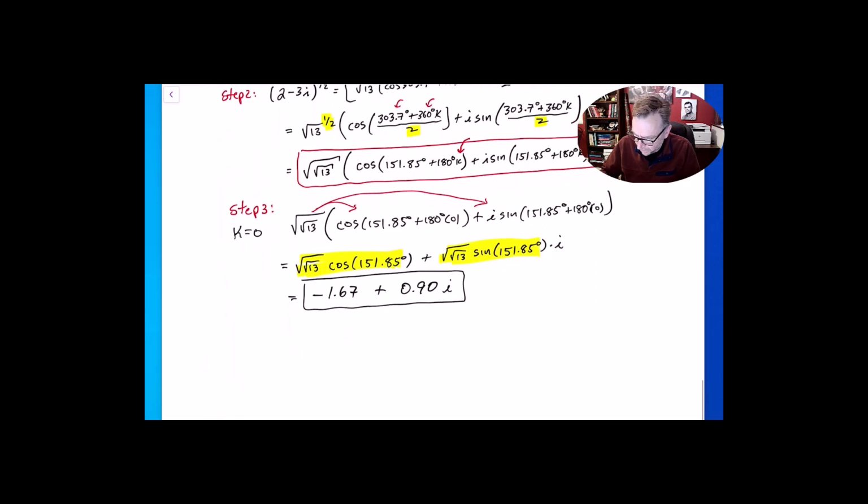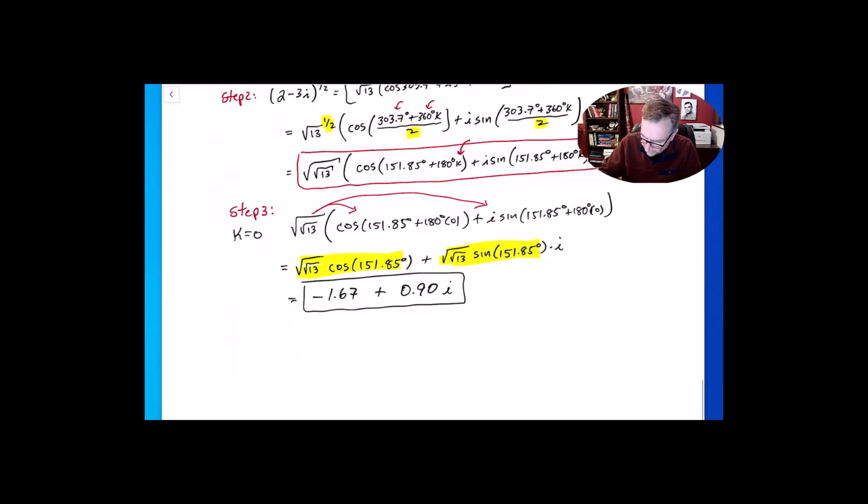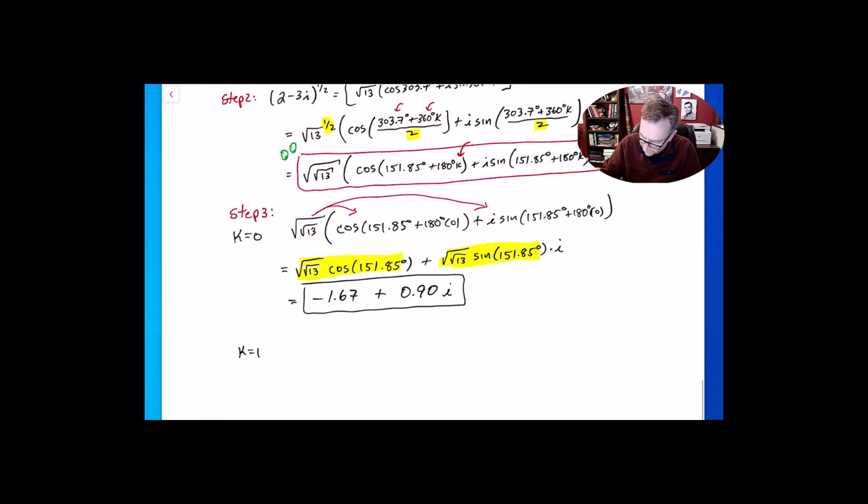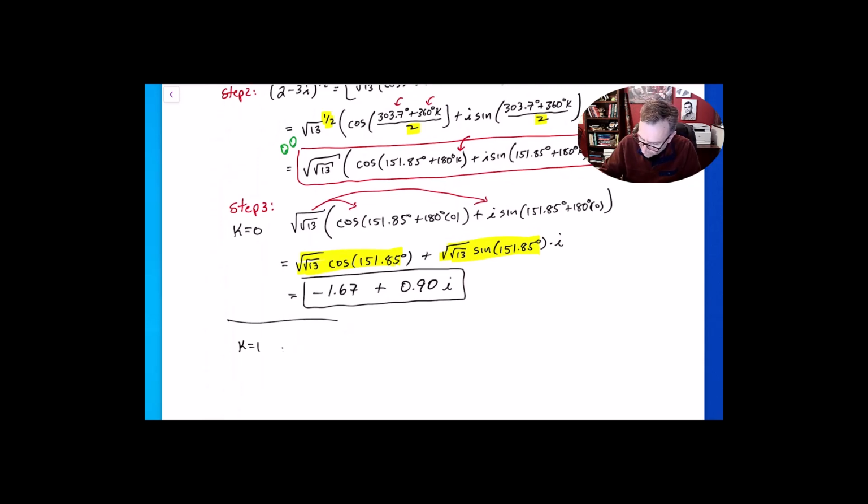Now let's get the second square root by plugging in k equals 1. And remember, I'm going back to here. This was the formula that DeMoivre's theorem gave me to plug in the k's, and so that's what I'll do. Right, so for that one, we have square root of 13 times cosine of 151.85 plus 180 degrees times 1, right?